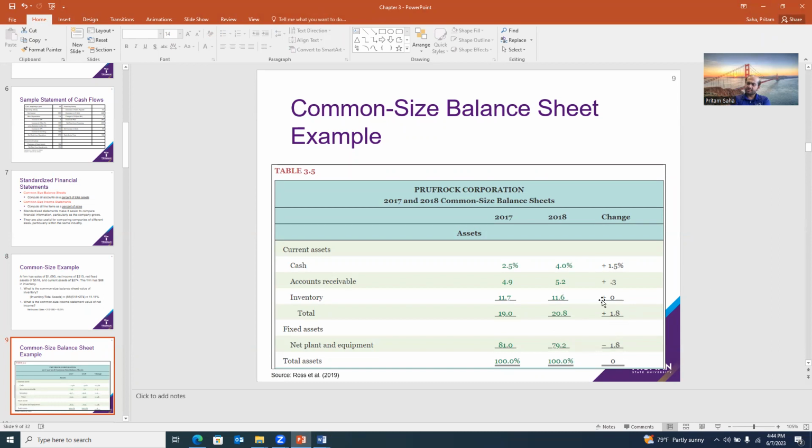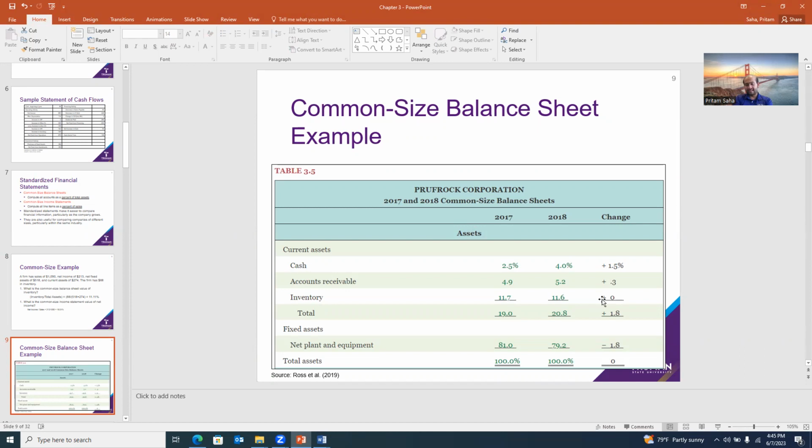Now there is a lot of interpretation we can make. The first interpretation is that in 2018, from 2017, the firm has better liquidity because they have more cash. At the same time, the firm invested less in fixed assets. One of the good things is they have better liquidity.